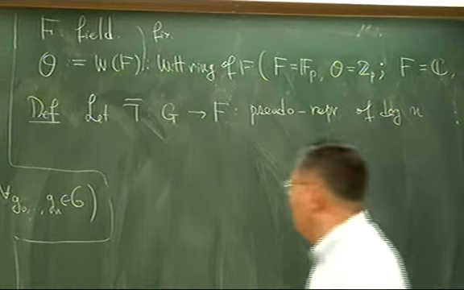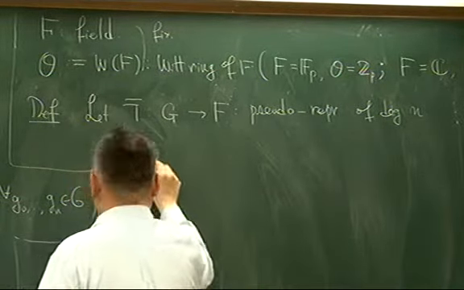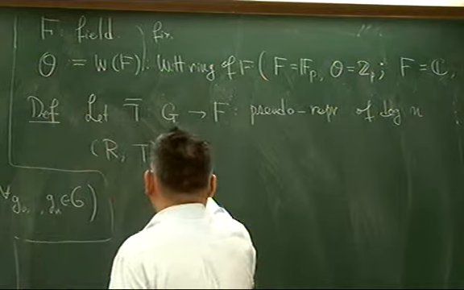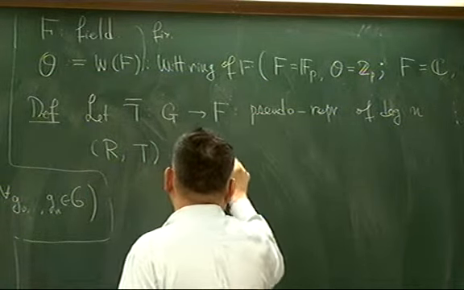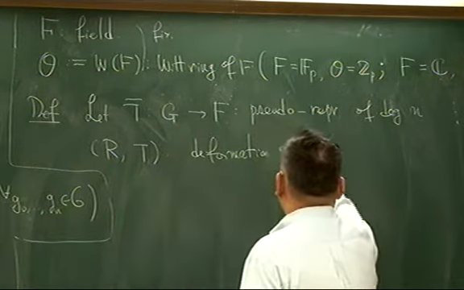And we call the pair of R and T a deformation of T bar.